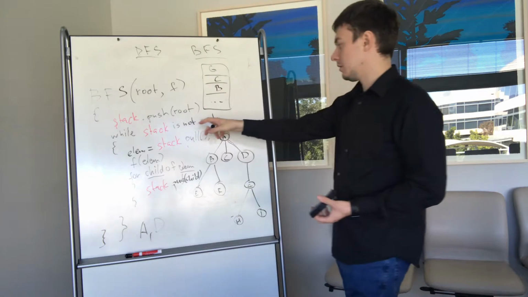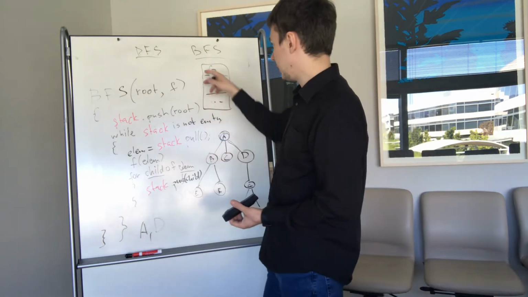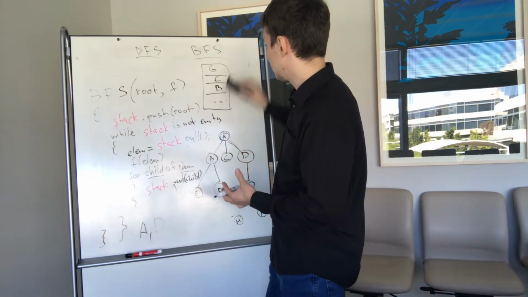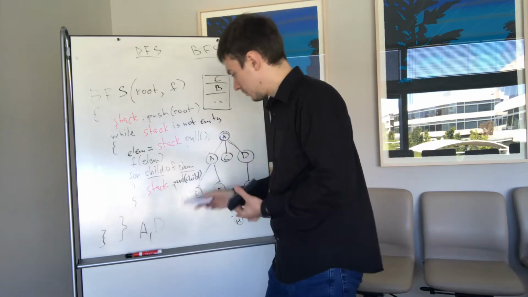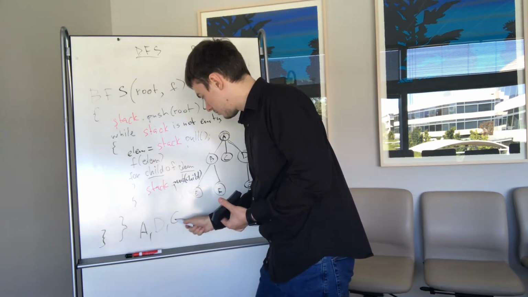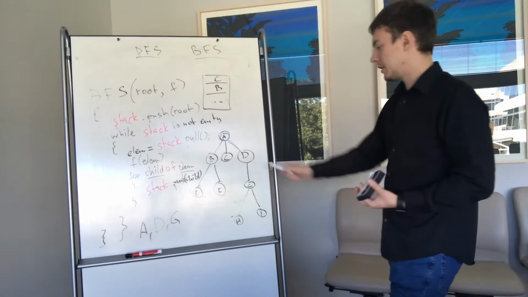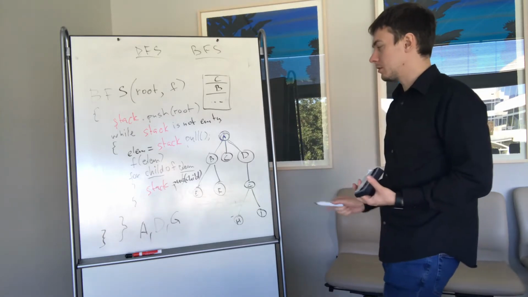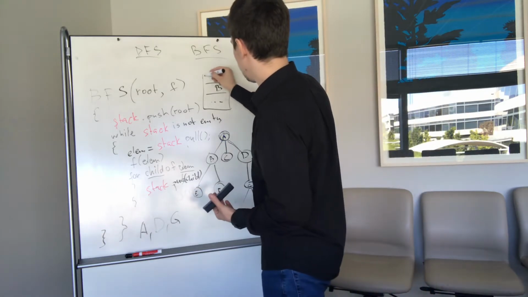Our stack is still not empty. We pull the top element and print it, and add all its children to stack, H and I.